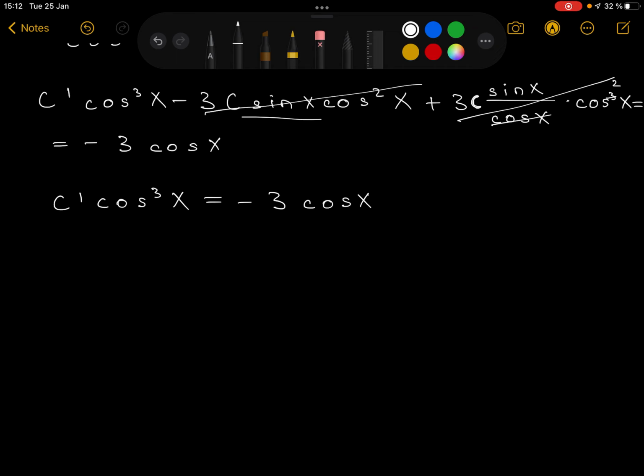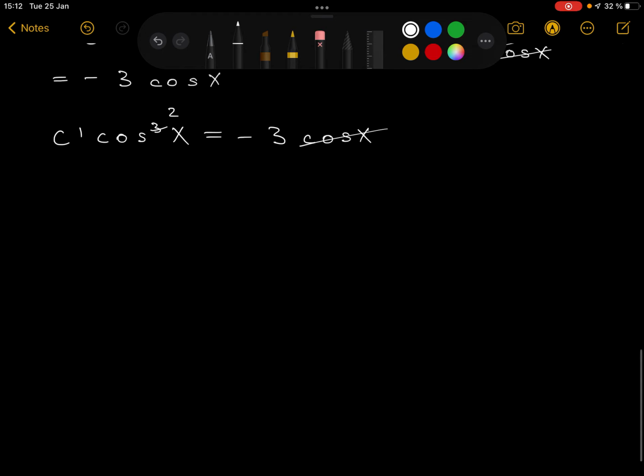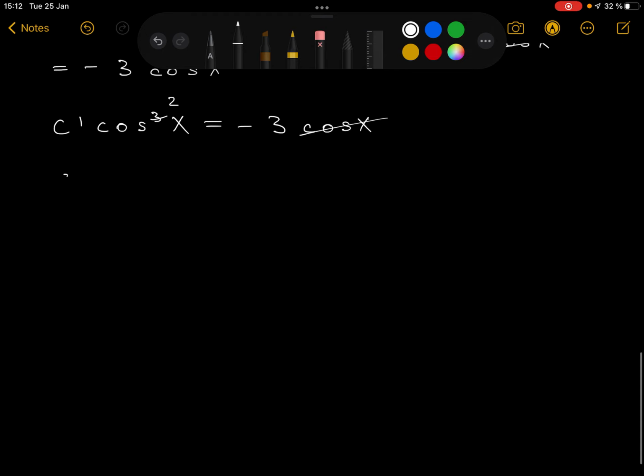So we can cancel out these cosines right away. Here we'll have just cosine squared. Here we'll just have 1. And we can write that dc over dx times cosine squared x is equal to negative 3.